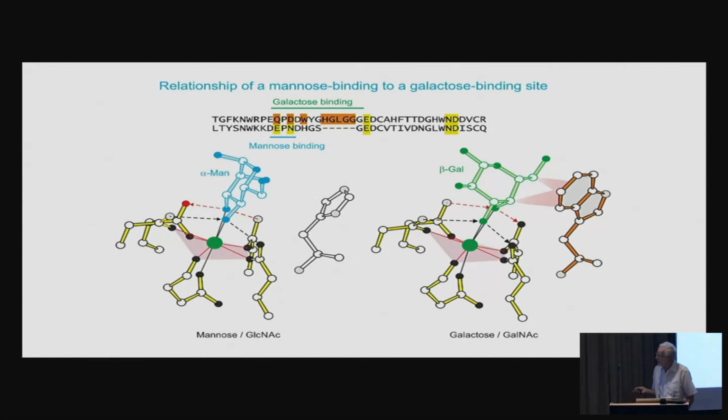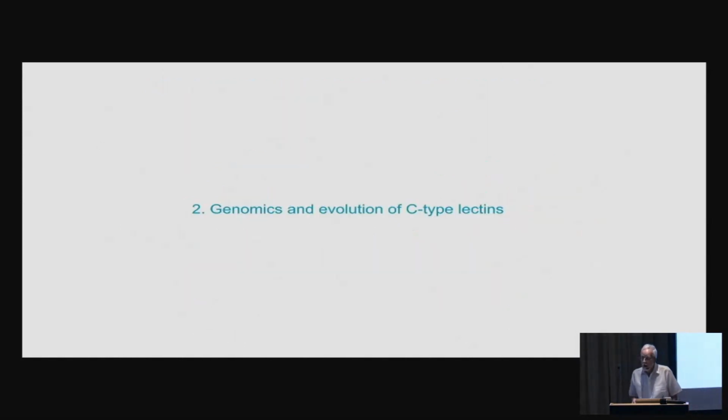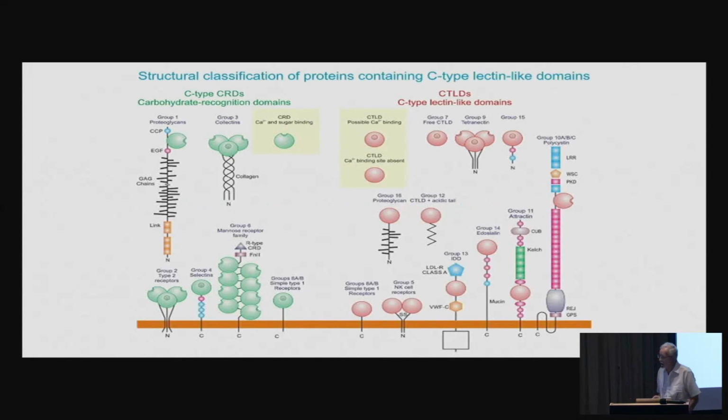In addition, galactose binding sites are often characterized by a hydrophobic packing against a tryptophan residue. So that gives us an ability to make some crude predictions about sugar binding from simple sequence analysis. So at that point, we can start screening sequences and saying where are they occurring and how many of these types of proteins are there.